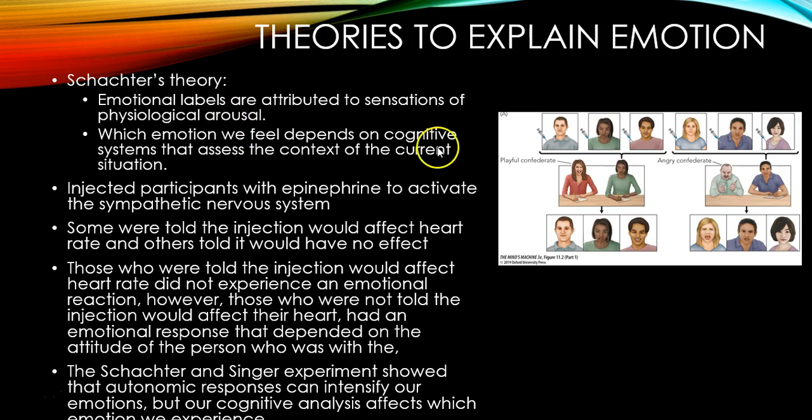Schachter's theory, this is a very famous study, proposes that emotional labels are attributed to sensations of physiological arousal, and which emotion we feel depends on the context. And so to do this study, participants volunteered to be in the study, and they injected them with epinephrine, which activates the sympathetic nervous system.